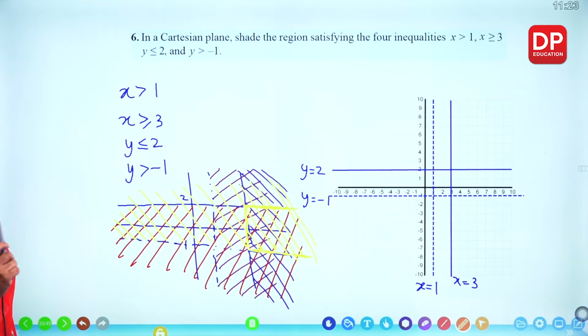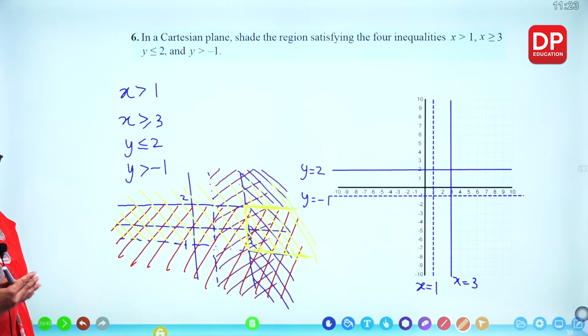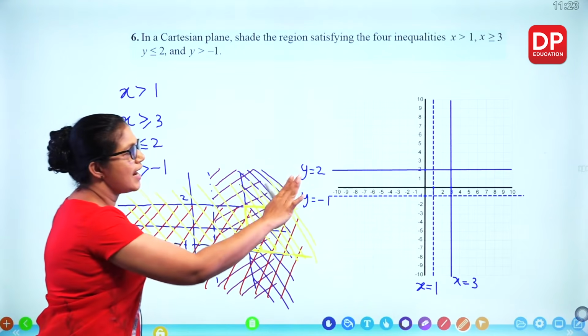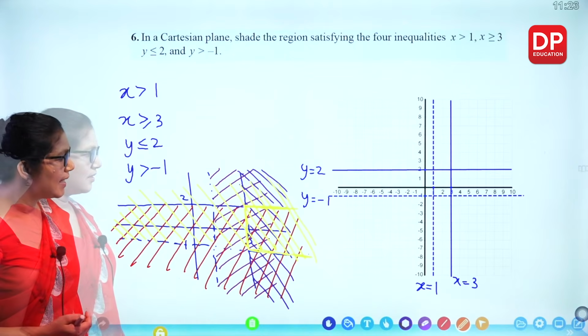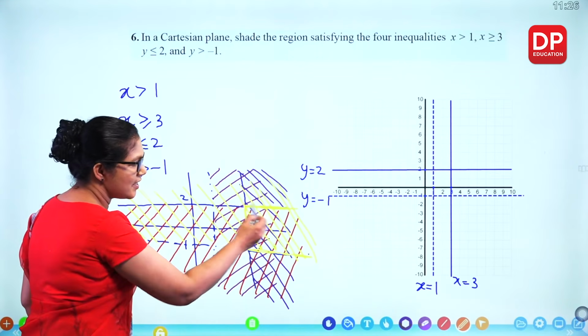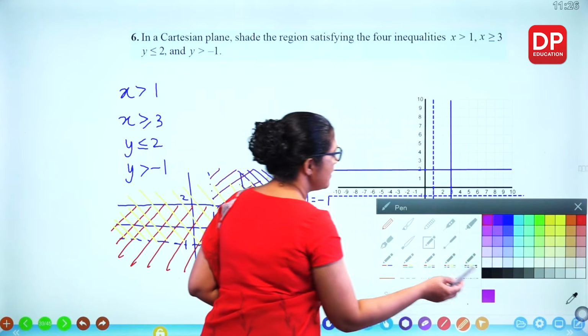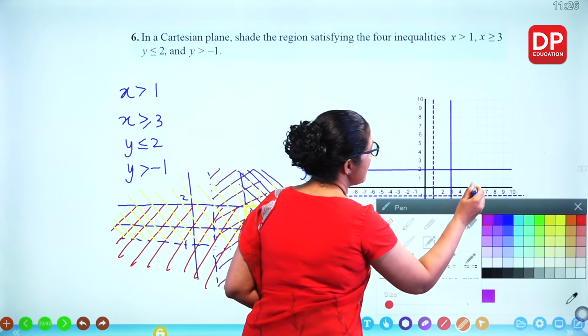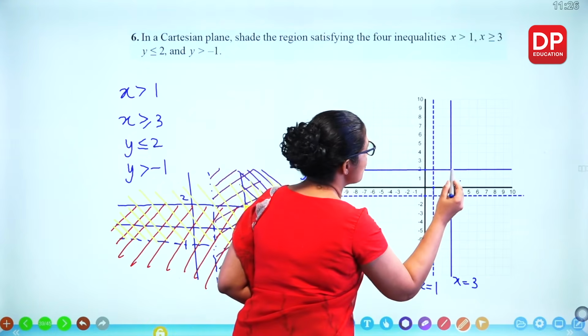So here what you can do, first you can draw a sketch and see what's the common region and then shade it on the Cartesian plane. So when you look at the common region, we can shade it with one color. I can shade it here, this one greater than 1 and less than or equal to 2.